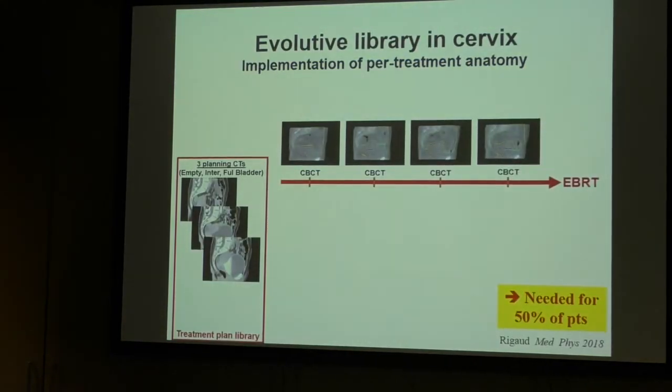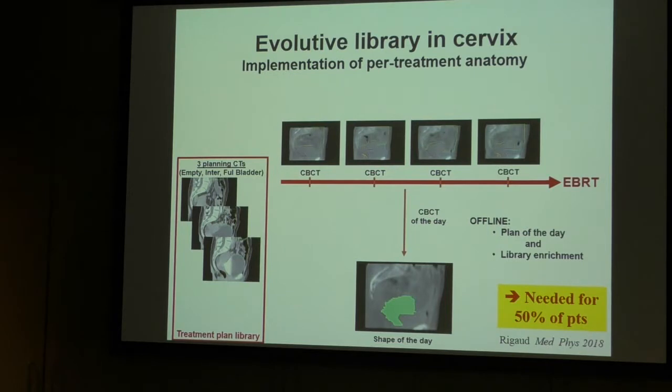So in this study, published in Medical Physics recently, what we have shown is that we add to this planning library based on 3 bladder fillings, also anatomies based on what we have observed during treatment. The idea was to implement our pre-treatment library with significantly different anatomy.